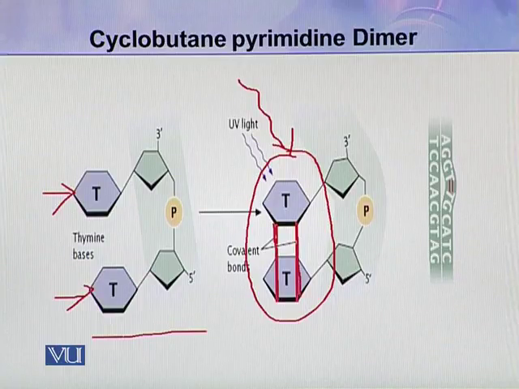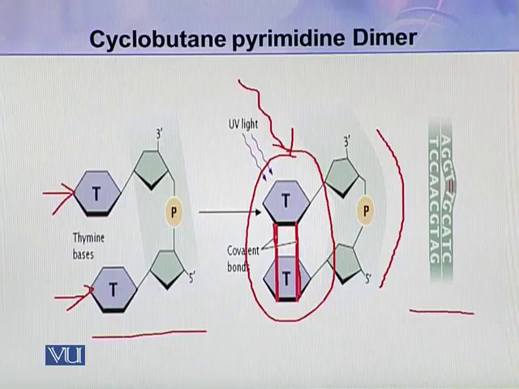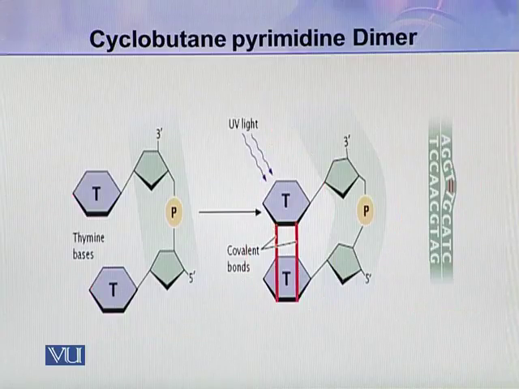The formation of this dimer produces a small kink in the DNA strand. Here you can see this small bend. This bend is mainly produced due to the formation of a thymine dimer.